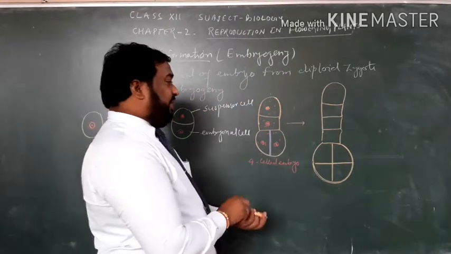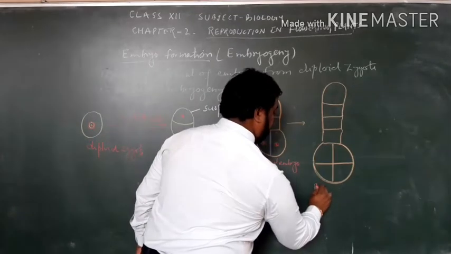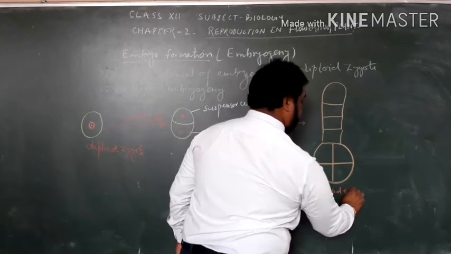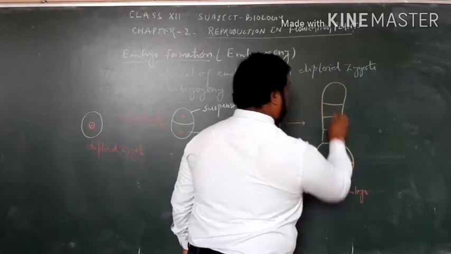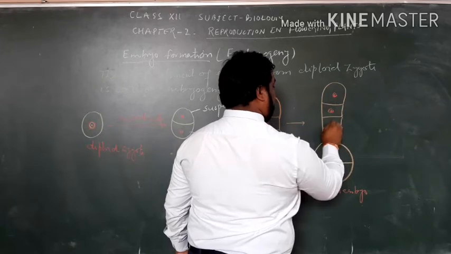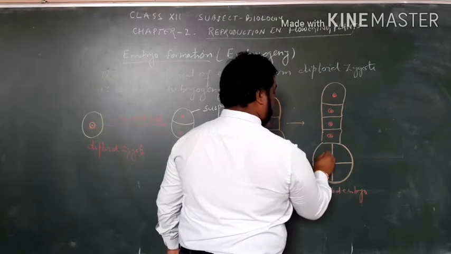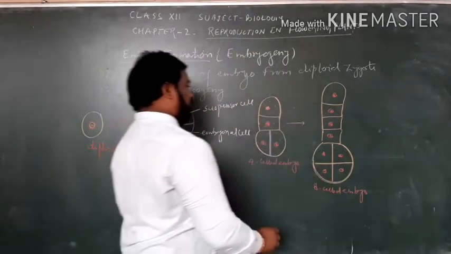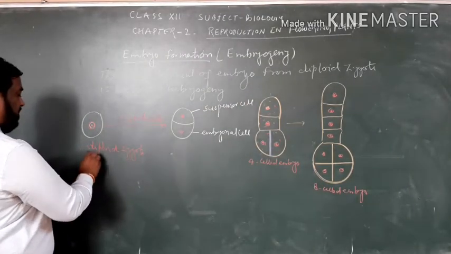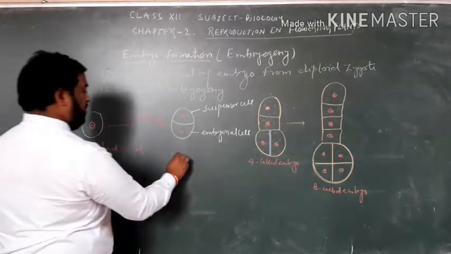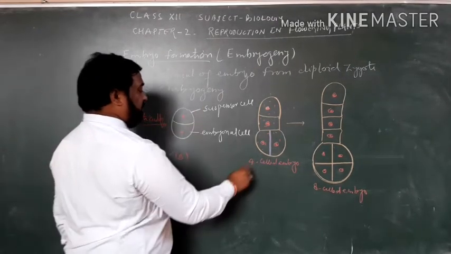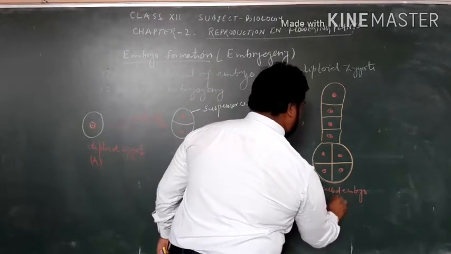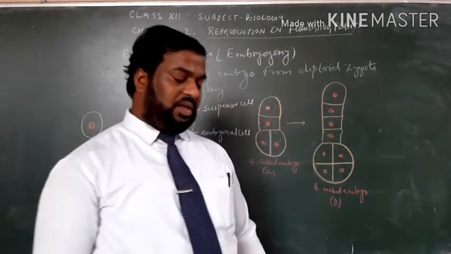In total here there are 8 cells, an 8-cell embryo having 4 upper cells and 4 lower cells. So this is A zygote, B 2 cell, C 4 cell and D this is an 8 cell embryo.